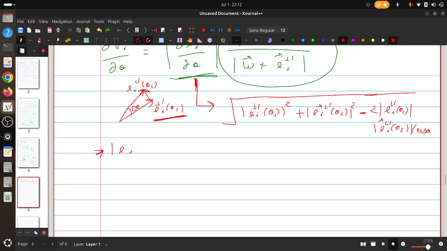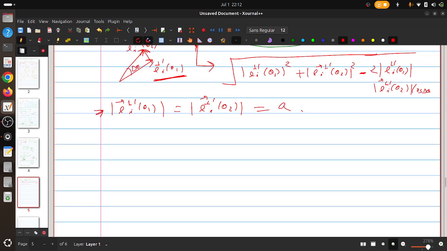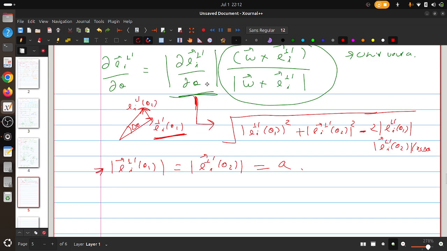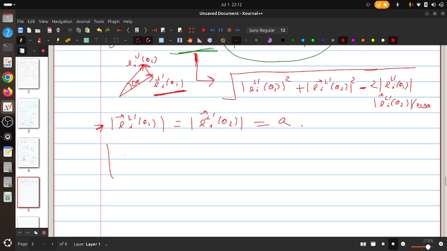So the mod E_I perpendicular prime at theta 1 is equal to this same quantity, and let us just call it A for our purpose. This notation is really making trouble now.